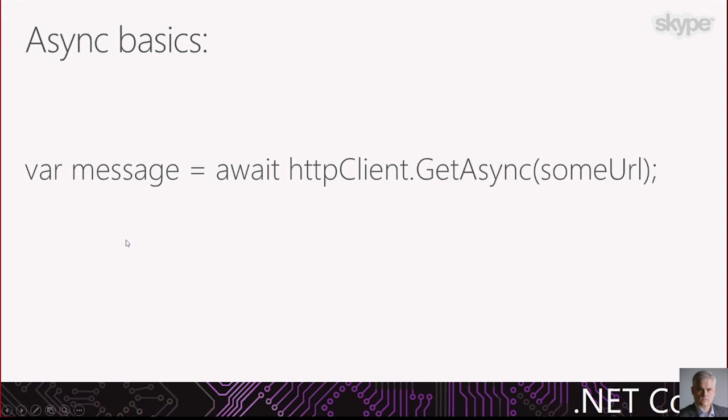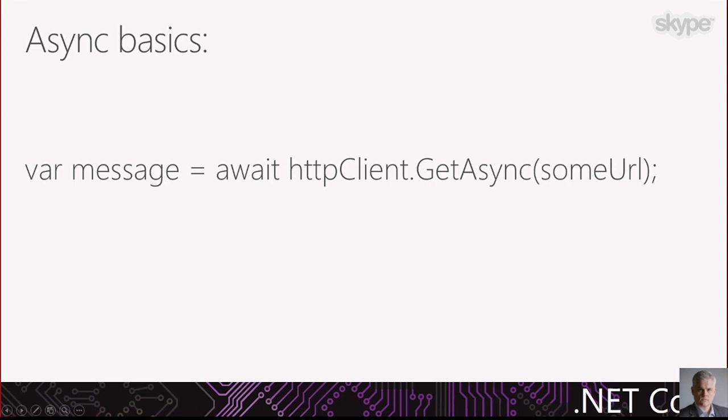Once the .NET Framework runtime attempts to execute the right-hand side of the code, it knows it has a promised future value. It's like an IOU. We'll come back to that thought in just a moment. This allows the thread of execution to put the remainder of the method, the code that would come after this line, essentially on pause, and return control back to the caller of the method, which is above this slide.